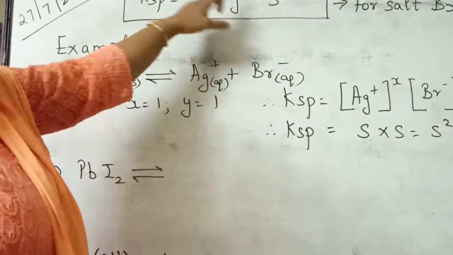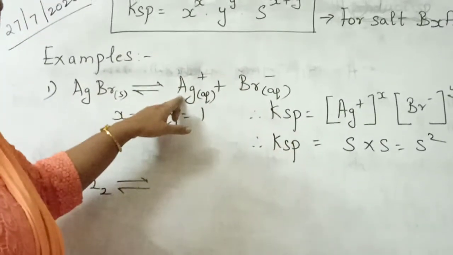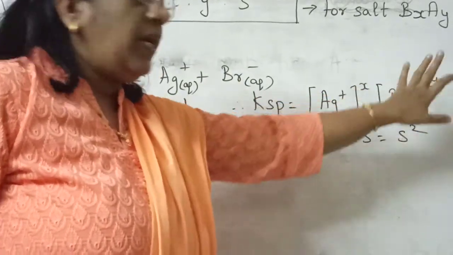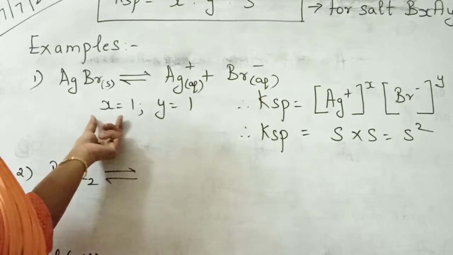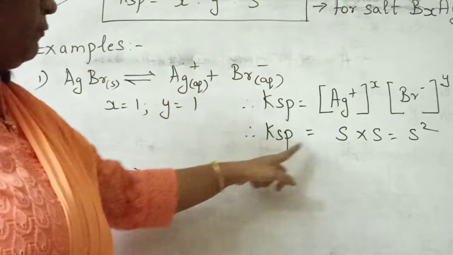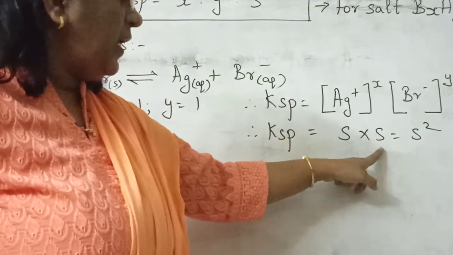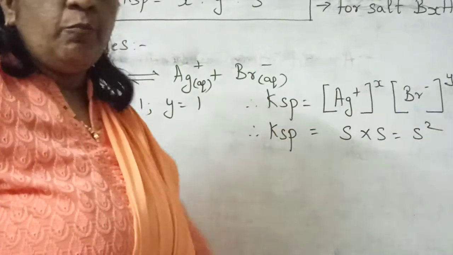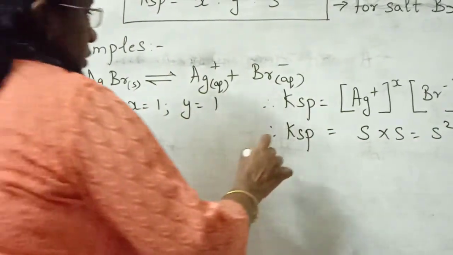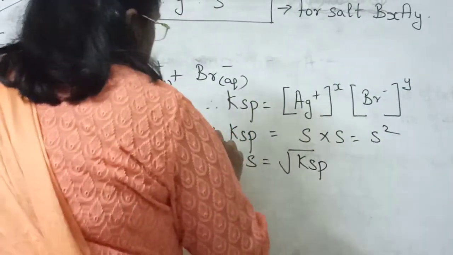So considering this general expression of solubility product, I can write Ksp is equal to concentration of Ag+ raised to power x into concentration of Br- raised to power y. x and y both are 1 each. Therefore, Ksp will be equal to S for Ag+ and S for Br-, so Ksp is equal to S square. So you can also write S is equal to square root of Ksp.